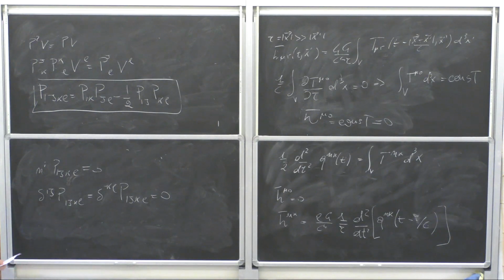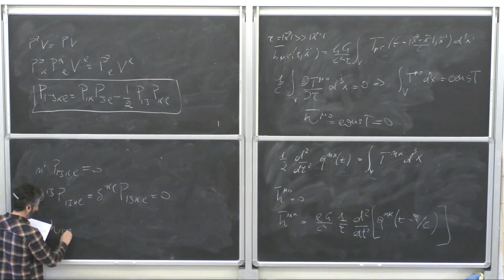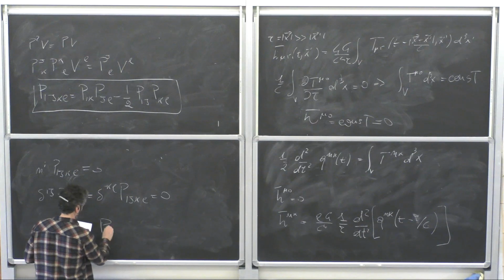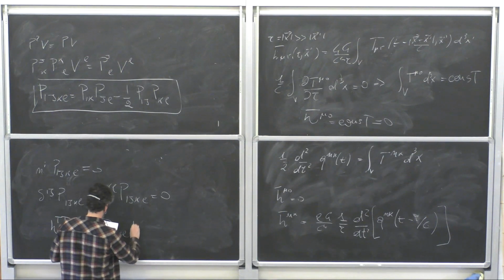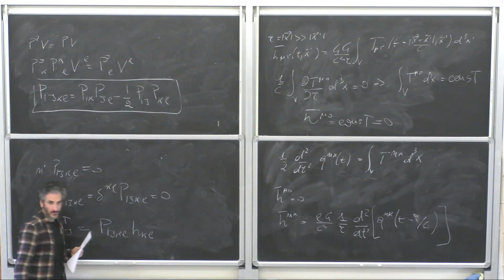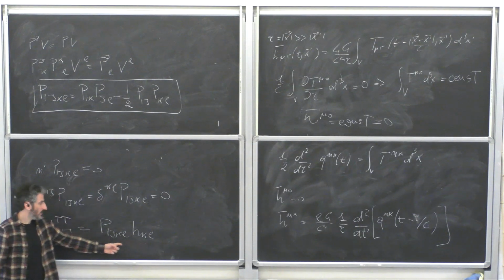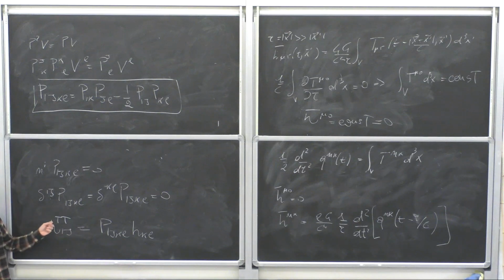And finally, the most important thing for us: if I want the h_ij in the TT gauge, instead of passing through solving for the harmonic gauge, I'll directly do this. Projecting my tensor using this P will immediately give me the TT component. Yes, at this level, because everything is on flat space-time.